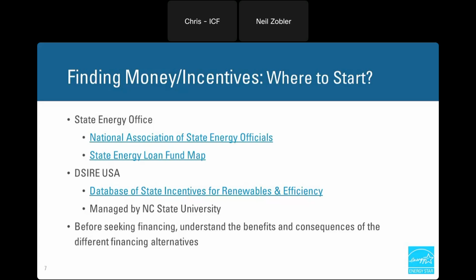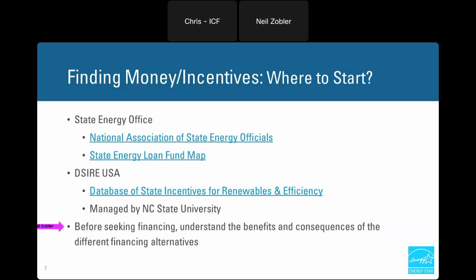There's a hot link there to get to the National Association of State Energy Officials, and there's a wonderful state energy loan map that you can click on. The second area is DSIRE USA, a database of state incentives for renewable and energy efficiency. It's managed by North Carolina State University, and it's really a wonderful resource, a great place to start.